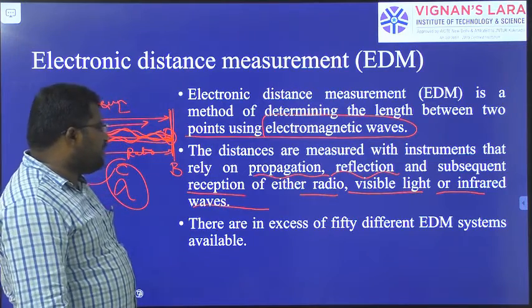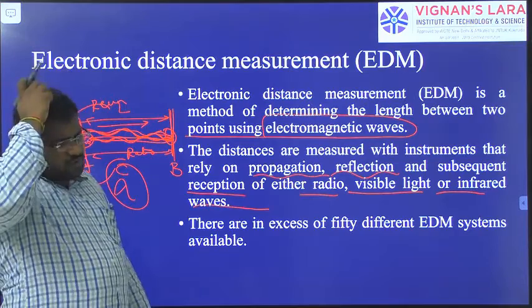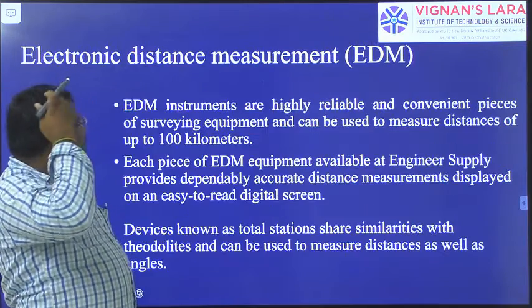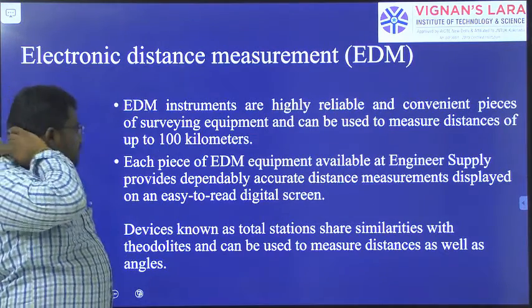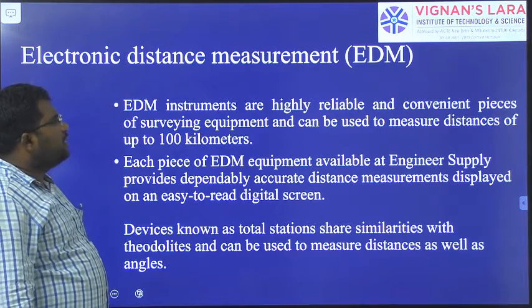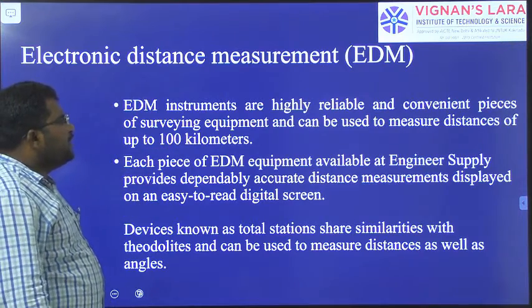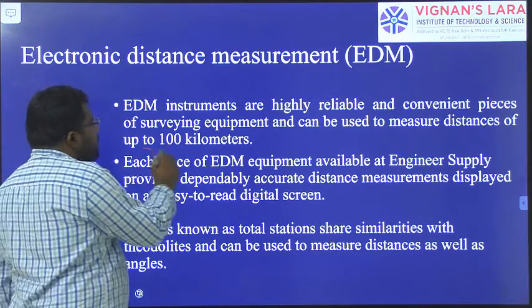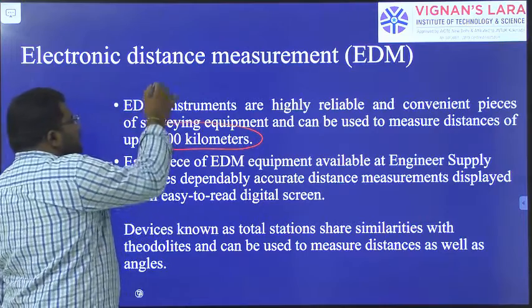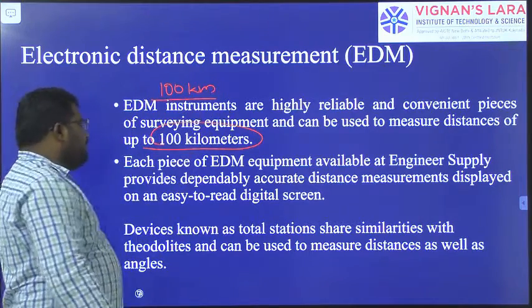There are in excess of 50 different EDM systems available. We have so many, but we will see some methods in this. EDM instruments are highly reliable and convenient pieces of surveying equipment and can be used to measure distances of up to 100 kilometers. Even with these instruments, you can measure a distance of 100 kilometers.